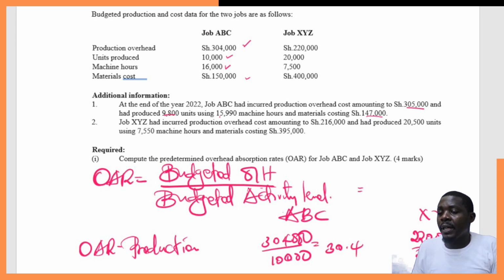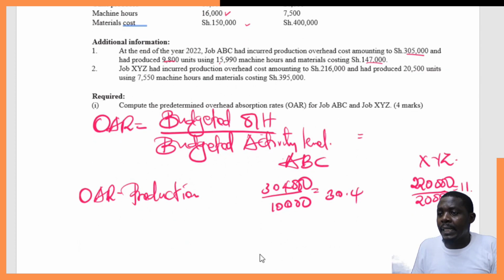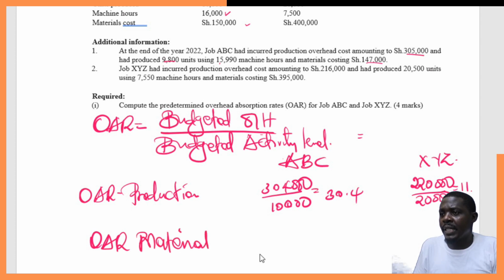Then for material cost, overhead absorption rate for material, we do the same: that is 150 over the budgeted activity level, which was the number of hours, which is 16.